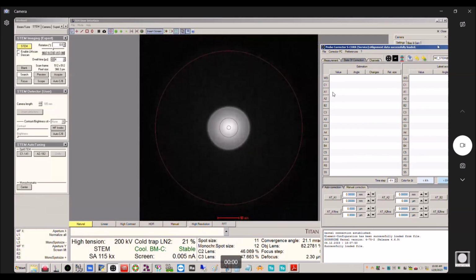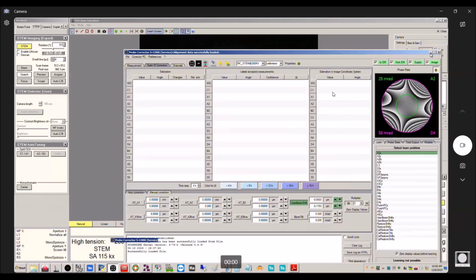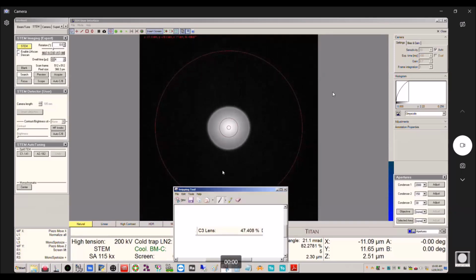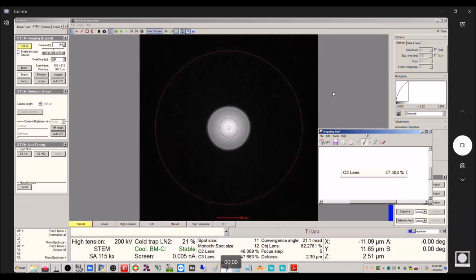So we are good with the C3 aperture. The C3 aperture position is important because this basically defines our centering position for not only the aperture, but also the beam at focus, at monochromator focus, as well as the slit. So let me make sure I put this back to where it was.